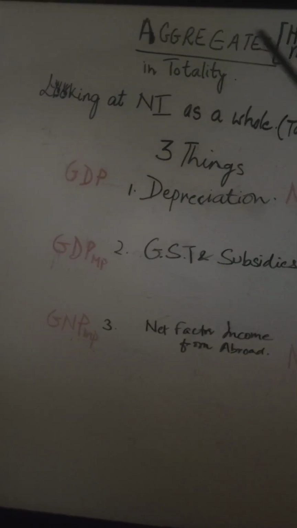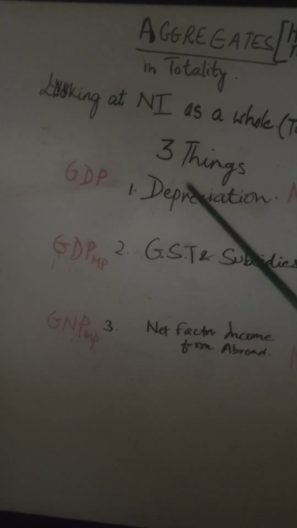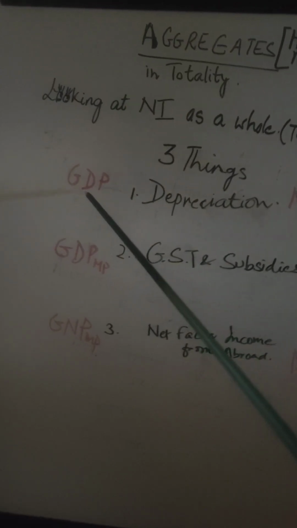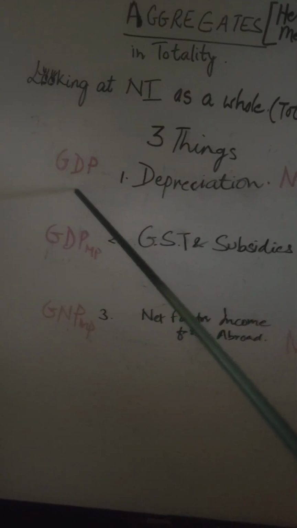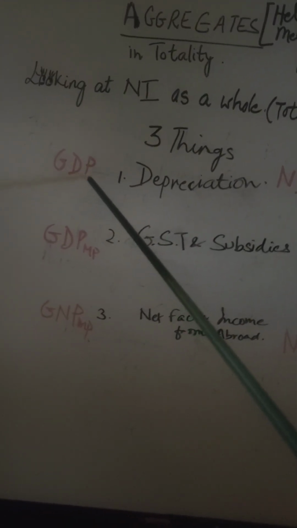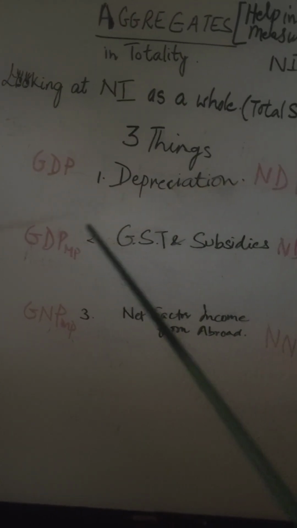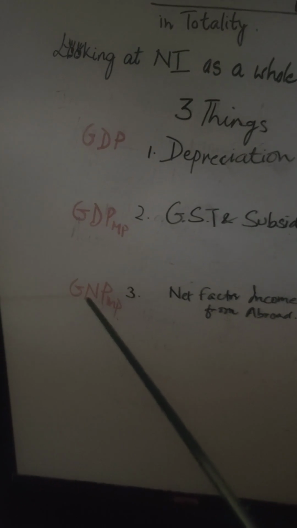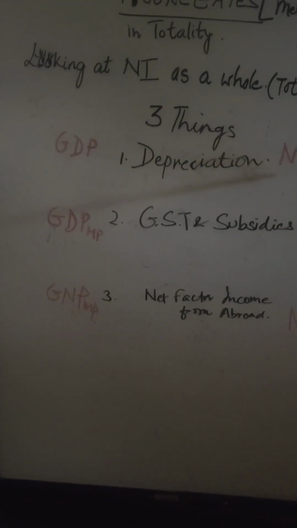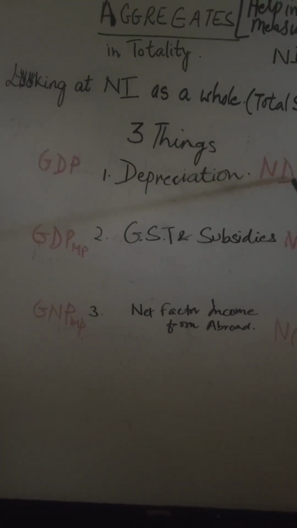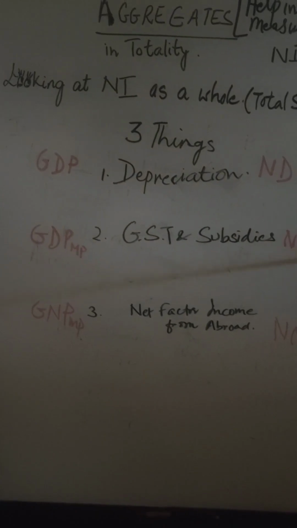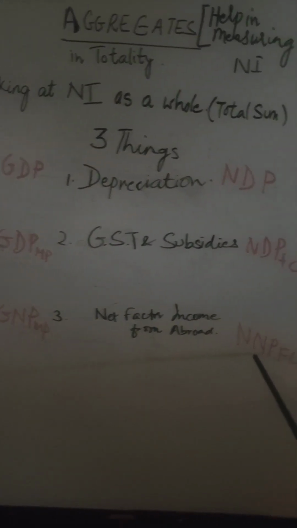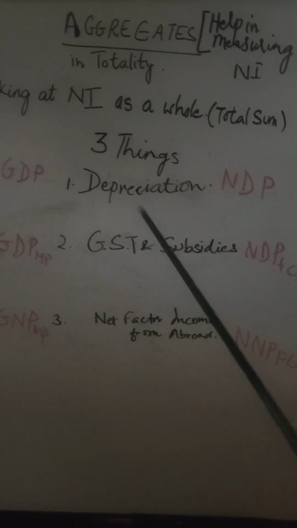So they produce some useful statistics which we can call GDP, gross domestic product, gross domestic product at market price, gross national product at market price. Here we have net domestic product at factor cost, net national product at factor cost.